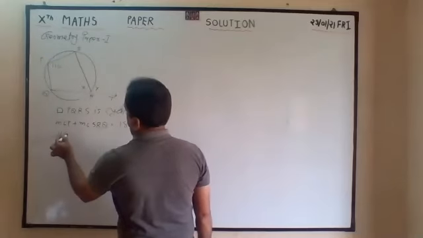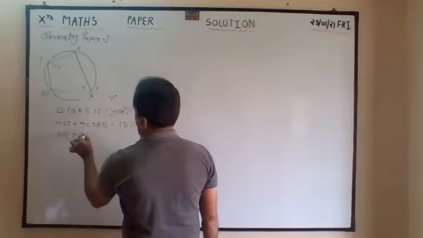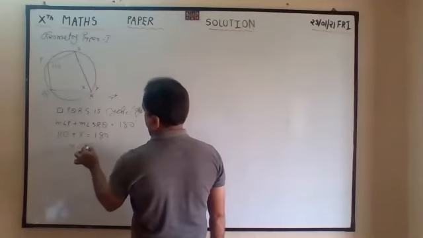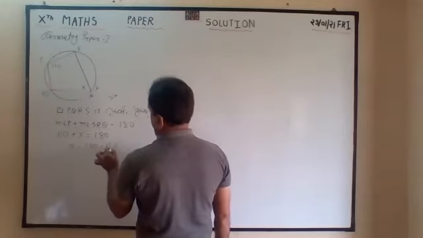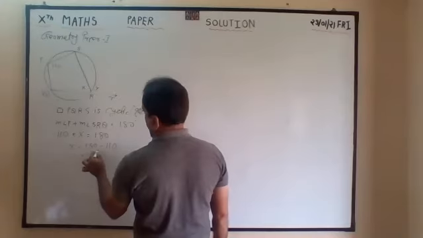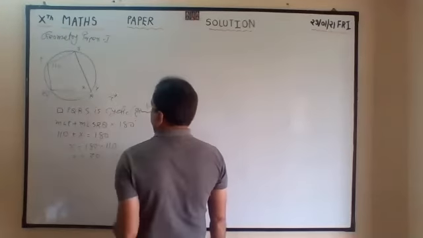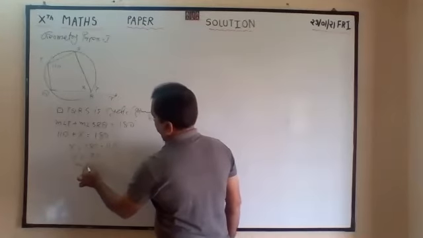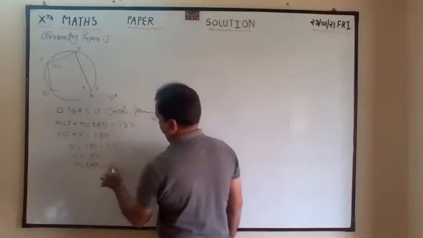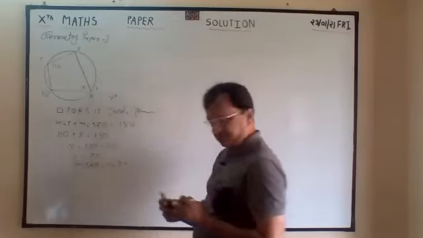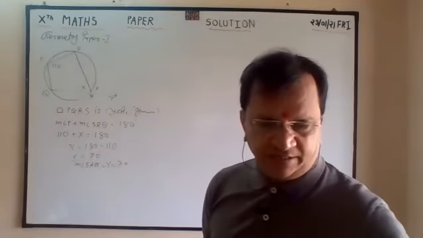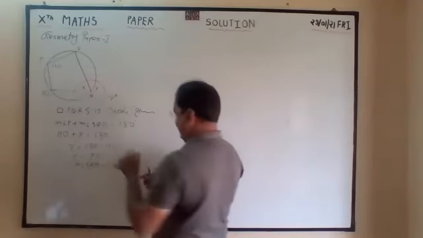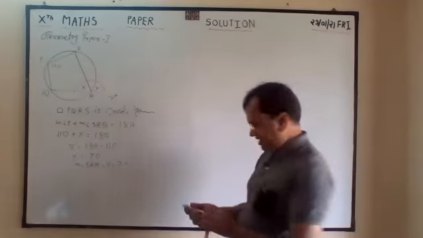So 110 plus X is equal to 180. So X is equal to 180 minus 110, which is 70. So measure angle SRQ is equal to X, which is 70. And you can see it is a half circle, a linear pair, so X plus Y is equal to 180. Why? Linear pair.